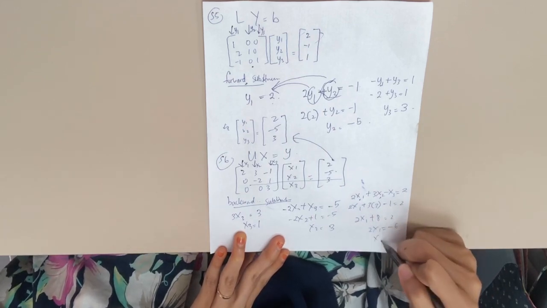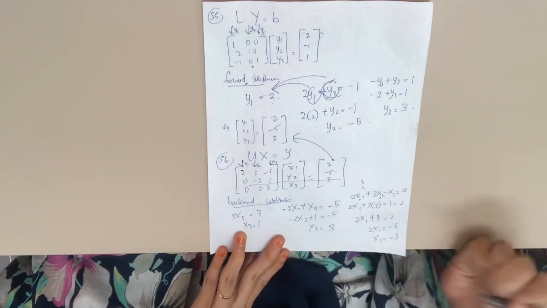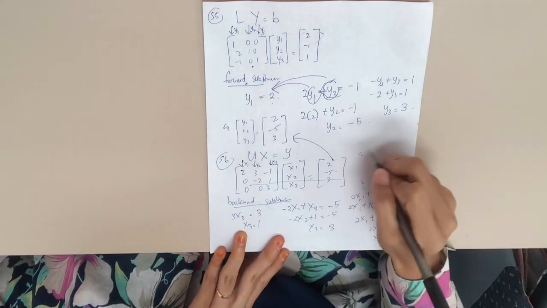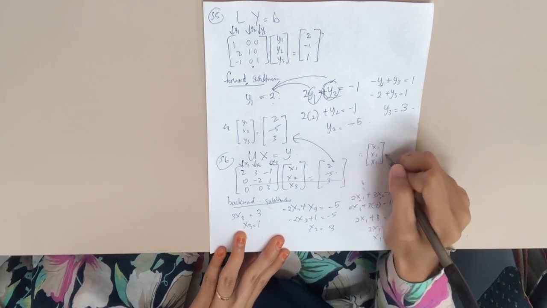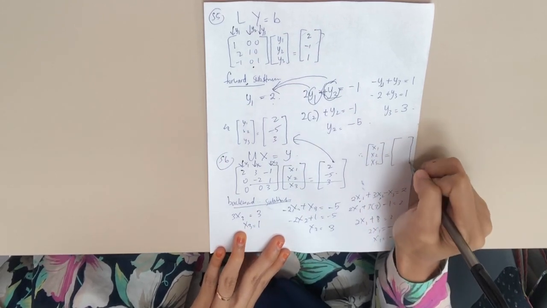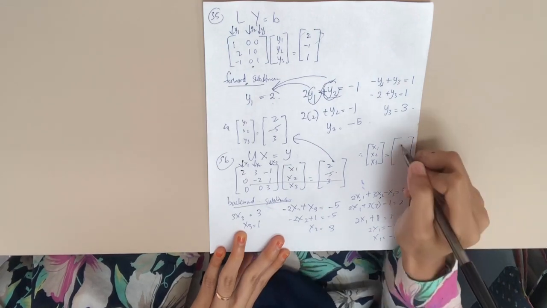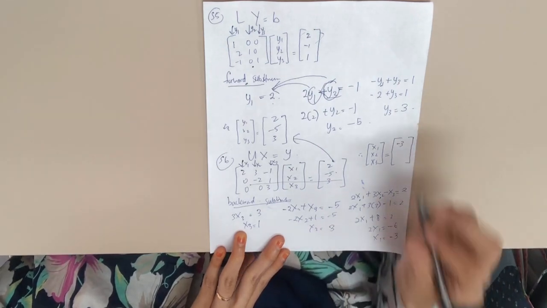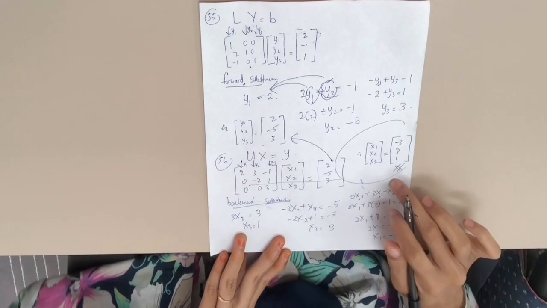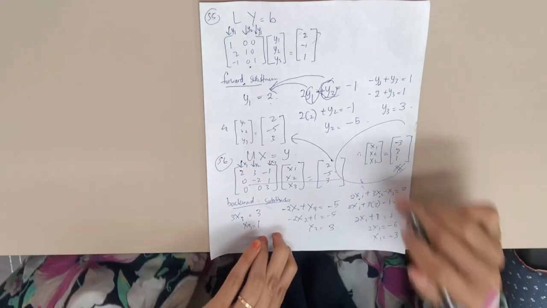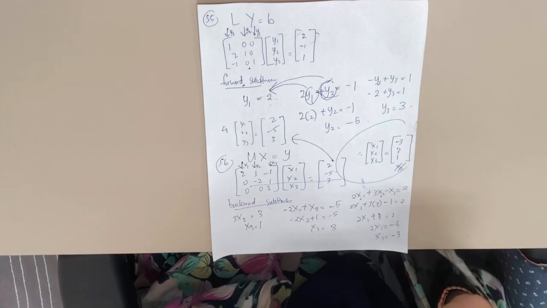So x1 is equal to negative 3. Therefore, your final answer, you must write in terms of a matrix: x1, x2, x3. The values here are negative 3, 3, and 1. Done. So this is the final answer.